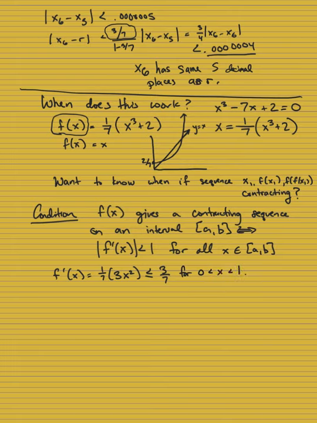In fact, you can show that if f prime of x is at most lambda less than 1, then you get a lambda contracting sequence. So lambda is the constant between 0 and 1 that you use.